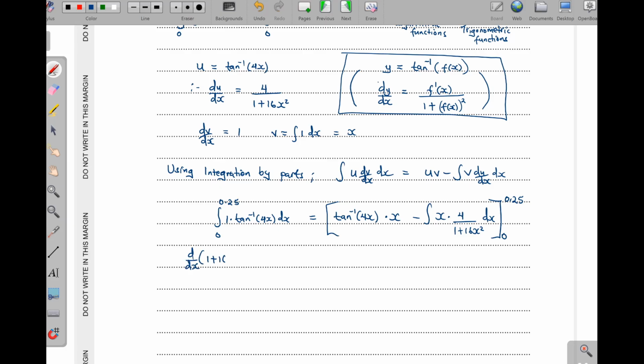When you differentiate 1 plus 16x squared, you are going to get 32x. Now ask yourself, what are you going to do to this 32x to get 4x? We shall divide it by 8, not so? 32x, when you divide it by 8, you will get the 4x. Now, this operation you have done on the 32x is the one you're going to put on the natural log of the denominator.